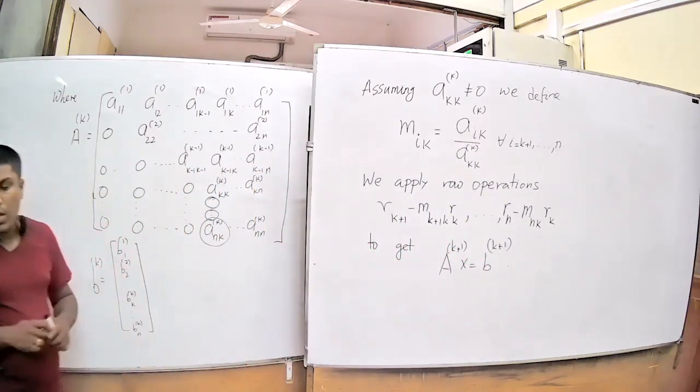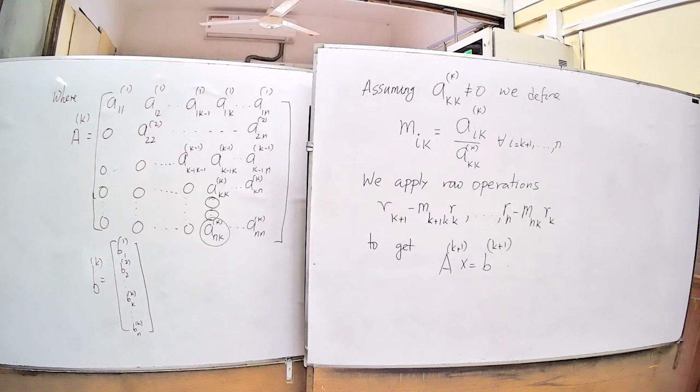So here, after doing this, you will get a system A(k+1) x equal to b(k+1), if you apply the given row operations for all the rows from k plus 1 up to n, by using the corresponding multipliers.